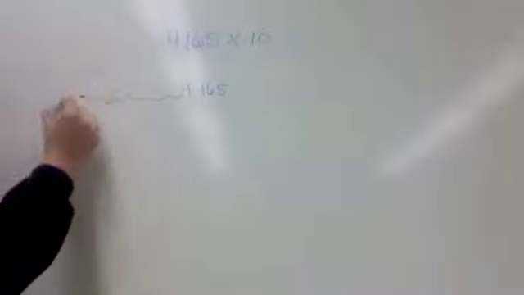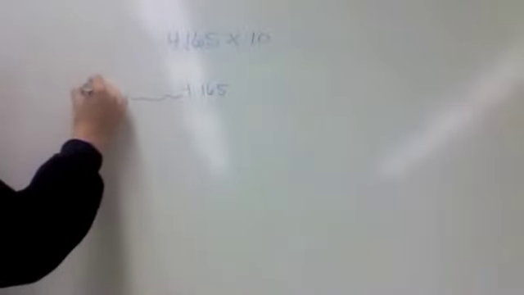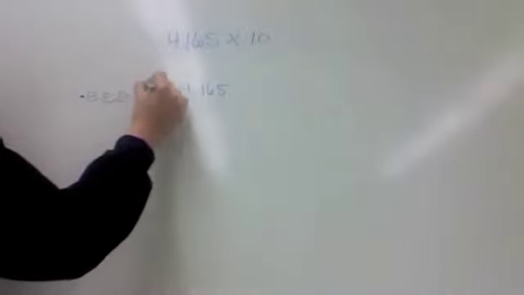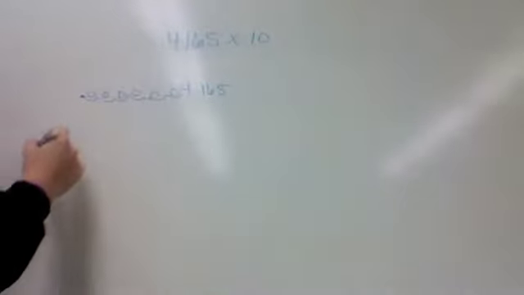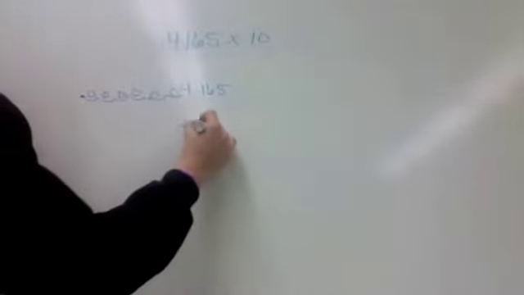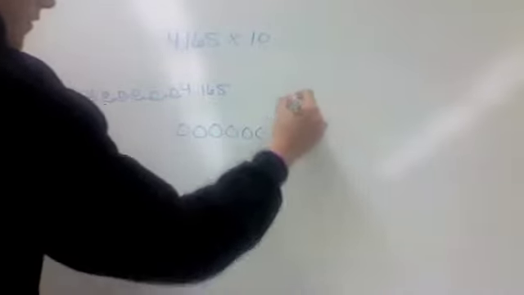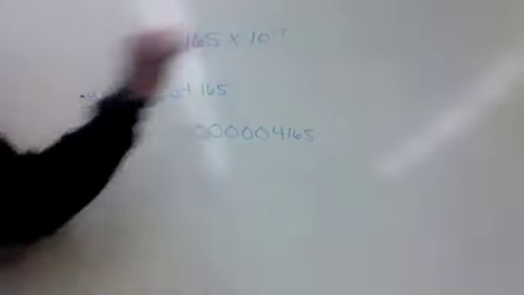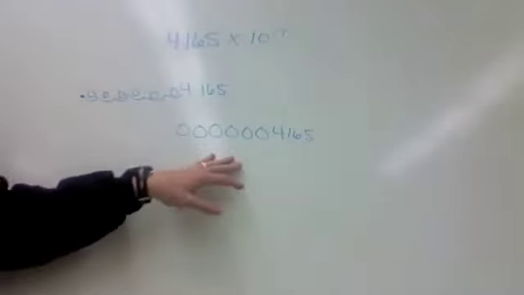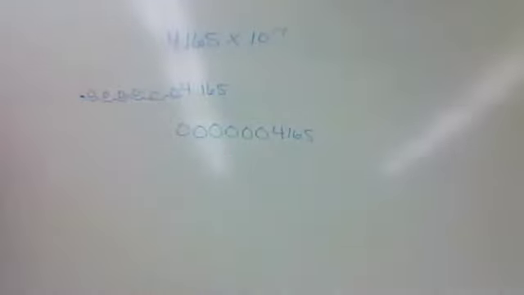Our decimal's going to be here now, and we'll fill in these little bumps with zeros. So what we get is 0.000004165, which is 4.165 times 10 to the negative 7th. So remember, anytime we take our decimal to the left, it's going to be a negative power. Anytime we take our decimal to the right, it'll be a positive power.